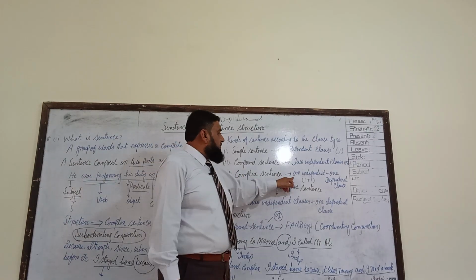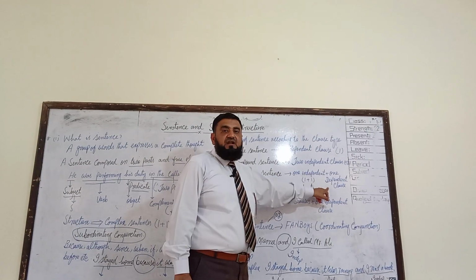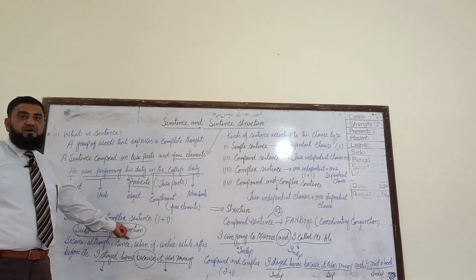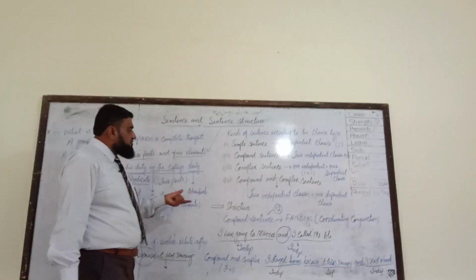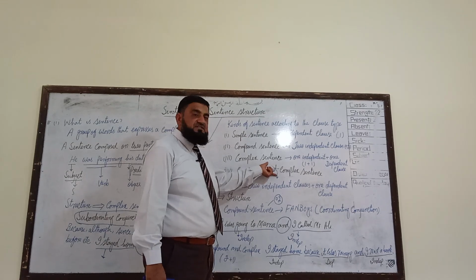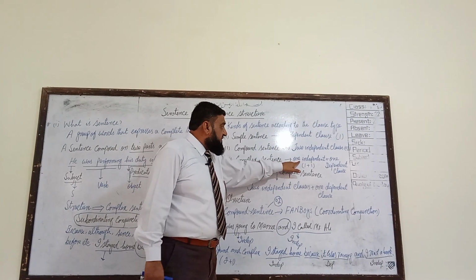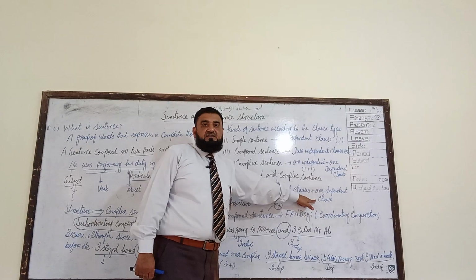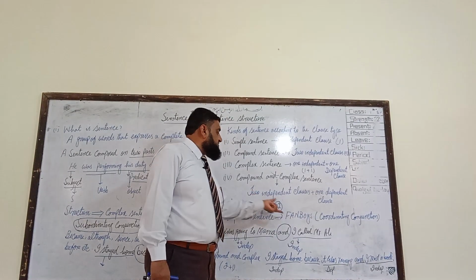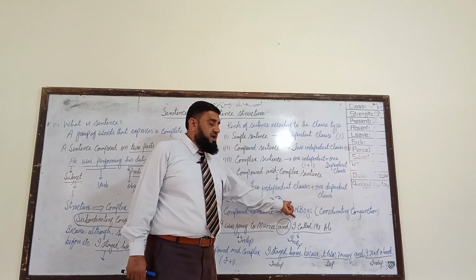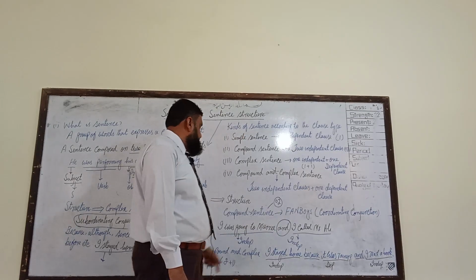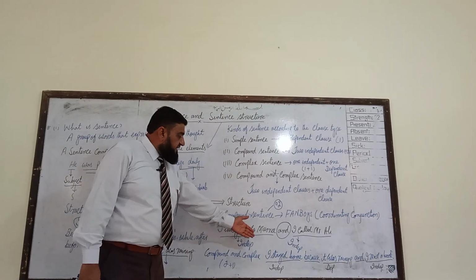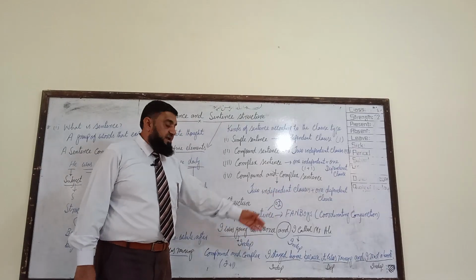Complex sentence: one independent, one dependent clause joined by a subordinating conjunction. The fourth one is the compound and complex sentence: two independent clauses and one dependent clause. The two independent clauses will be joined by a coordinating conjunction and the one dependent clause will be joined by a subordinating conjunction.